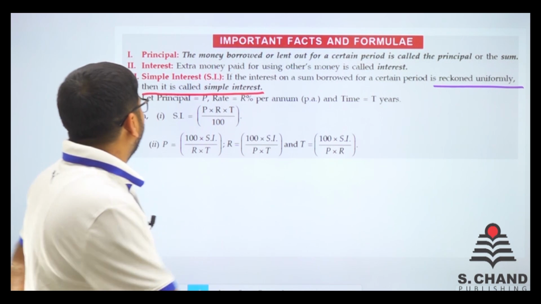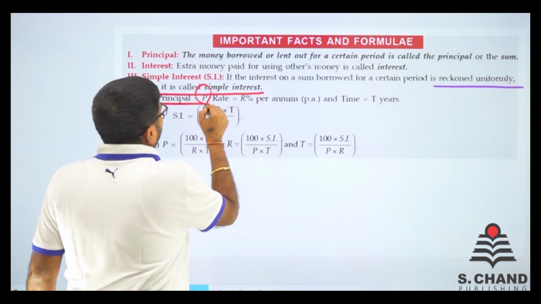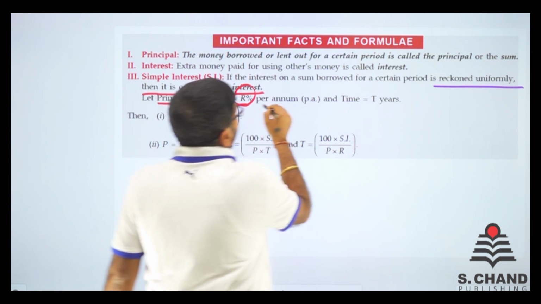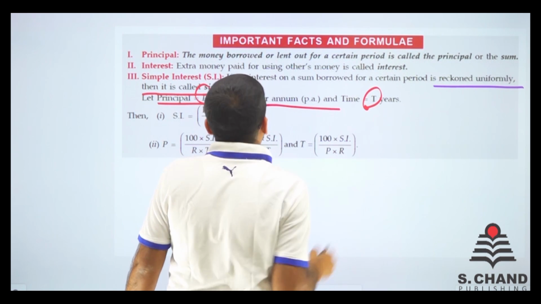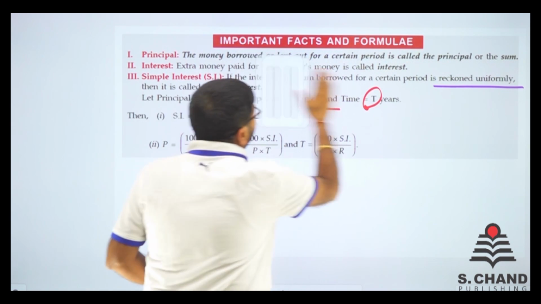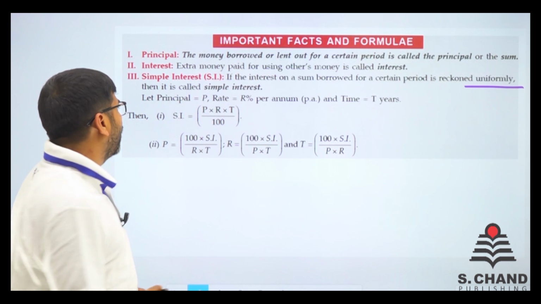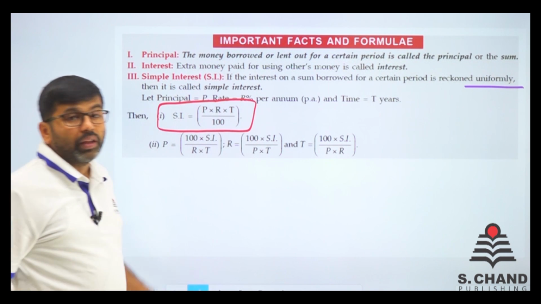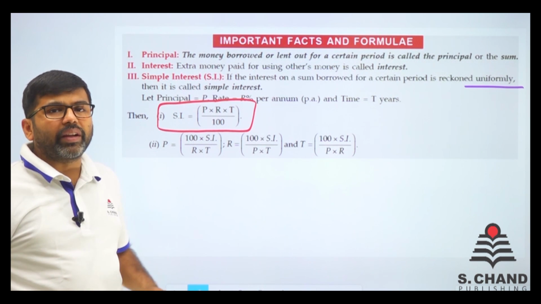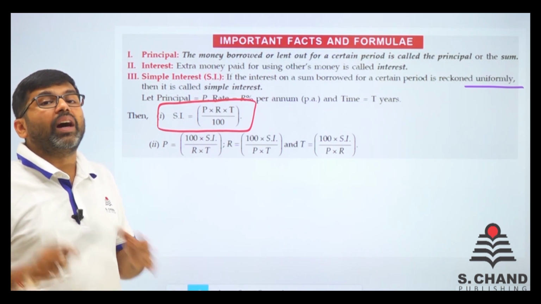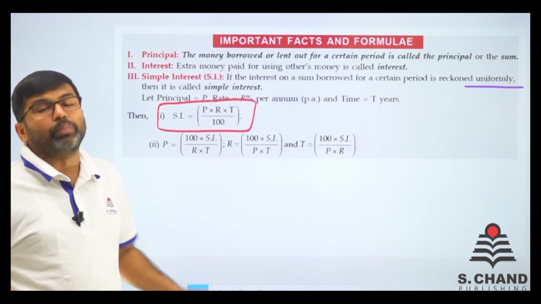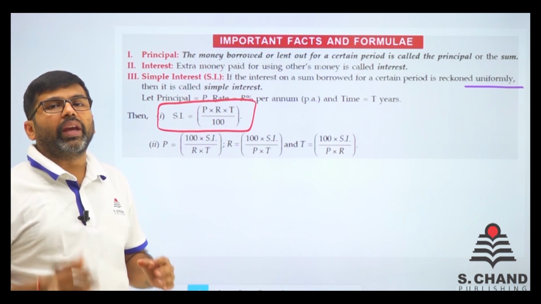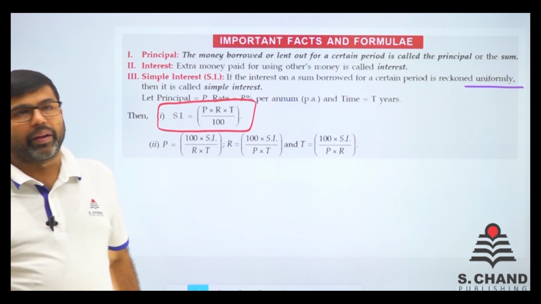Right? What is the formula? We take principal as P, rate as R per annum, and time as T years. So a very basic traditional formula is SI equals PRT by 100. SI, that is simple interest, is simply PRT by 100. It is very simple, you have learnt it many times earlier.